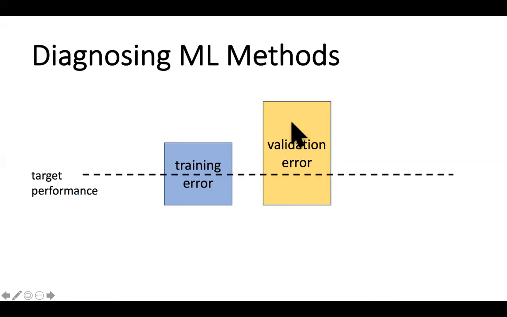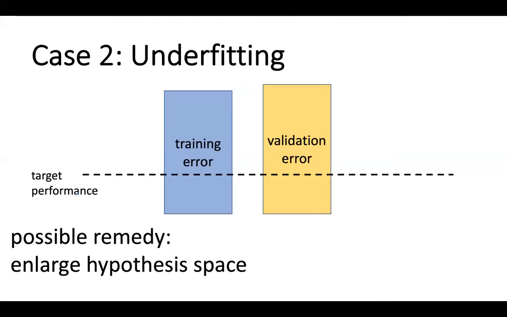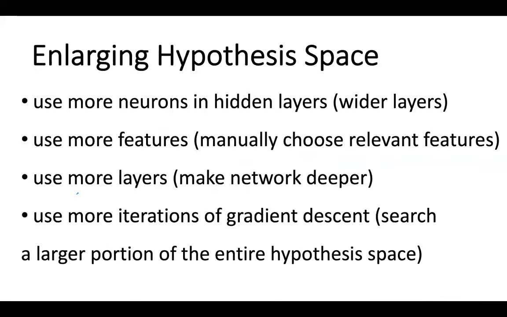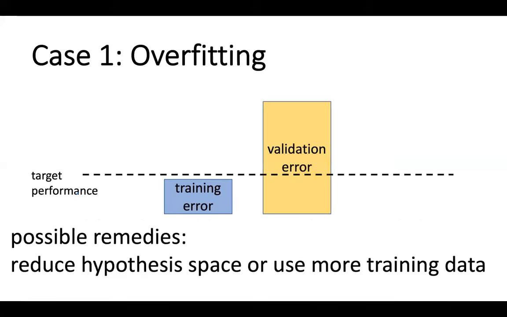This validation error is also sometimes called test error, and there's some confusion about this. I just want to point out the slight distinction between test error and validation error. If you use the error on a data set to tune something like the weights, then you must use a further data set for testing or validating.